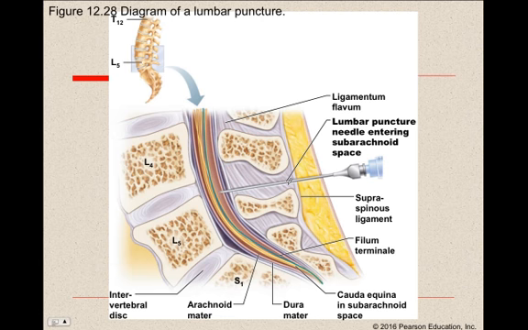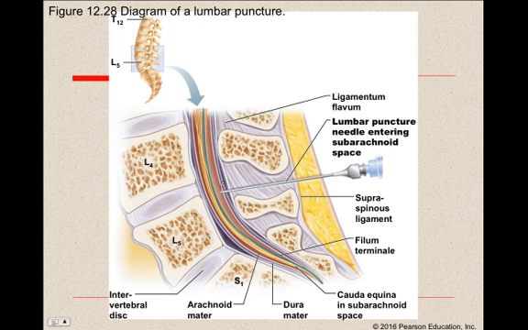The reason being is that the spinal cord has ended. If you're below L2, the spinal cord has ended. In between L4 and L5 is a good space because you're well below where the spinal cord has ended. Now you're really just having to be careful of the spinal nerves.